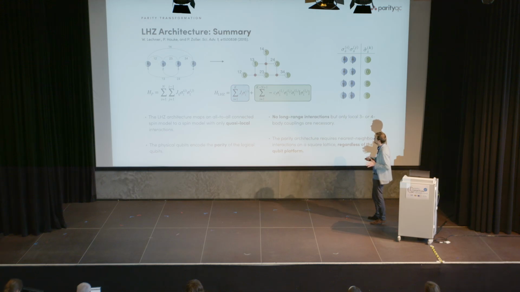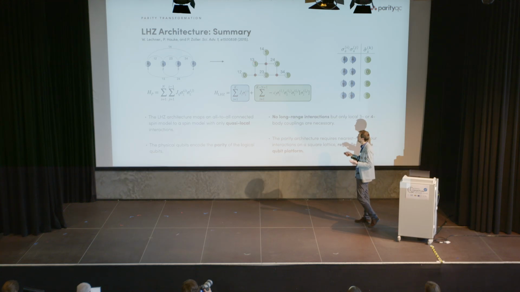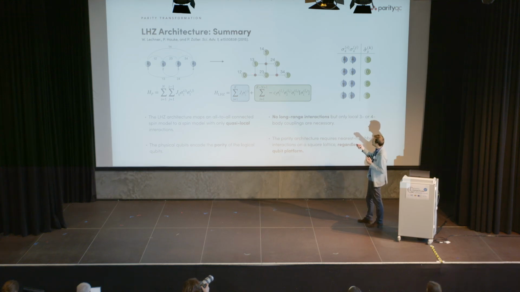The outcome of this is that you can map an all-to-all spin model to a nearest neighbor model with four-body interactions. And the important thing is, as I said, pair interactions become single spin flips. So if I flip a spin, if I flip 1-3, it's like an interaction on 1-3, or a local field acting on this qubit would be like an interaction between 1 and 3.